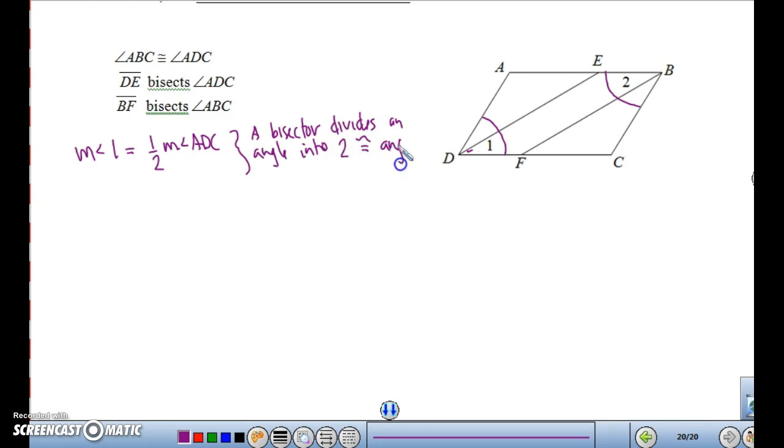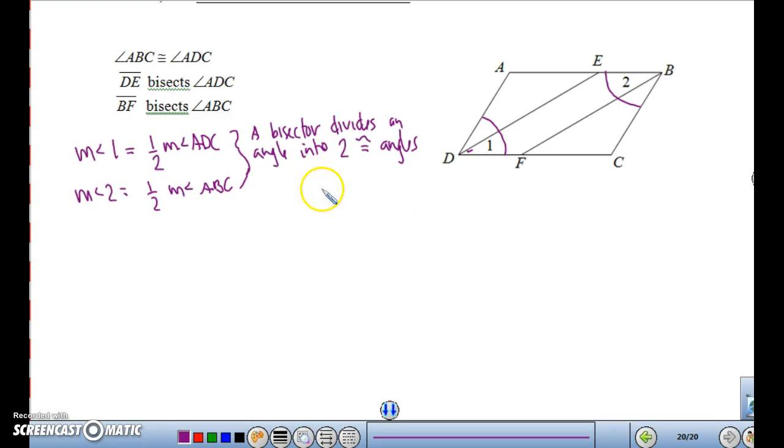So that is the reason we can say that angle 1 is equal to half of that. All right, can we say the same thing for angle 2? Yeah, the measure of angle 2 is half the measure of angle ABC for the same reason. So when an angle is bisected, each piece is half of the original.